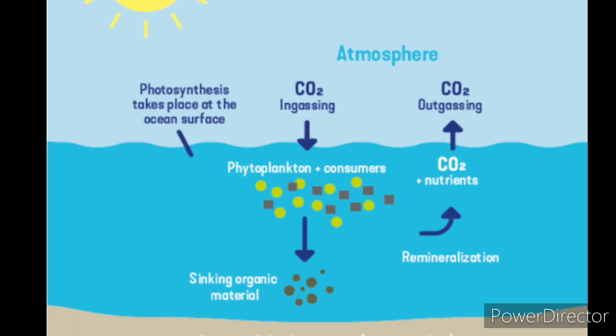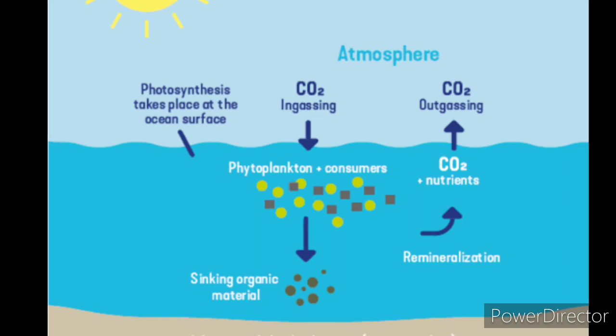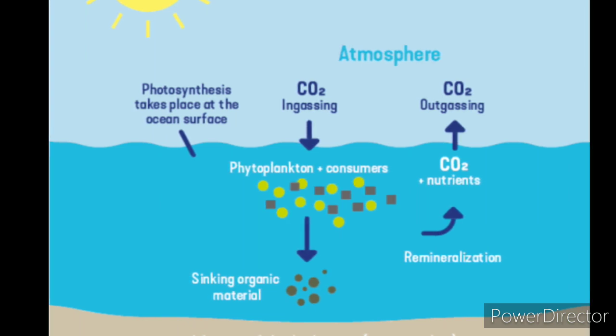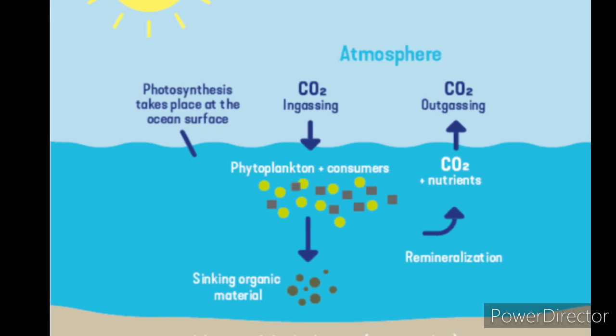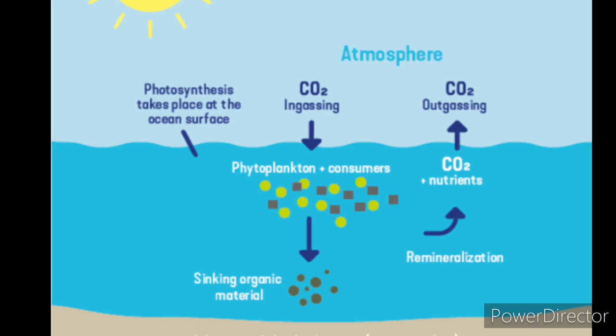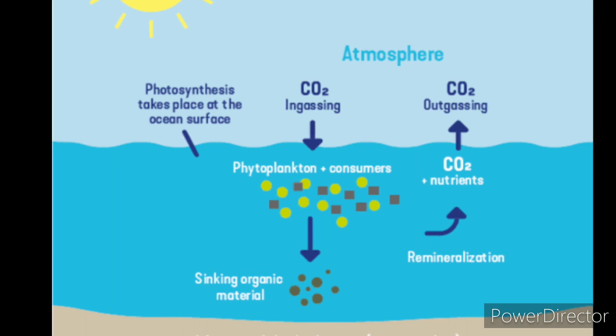So in this process there is a constant cycling of CO2 between the water and the atmosphere. All the organic materials resulting from this process will eventually sink down to the ocean floor.